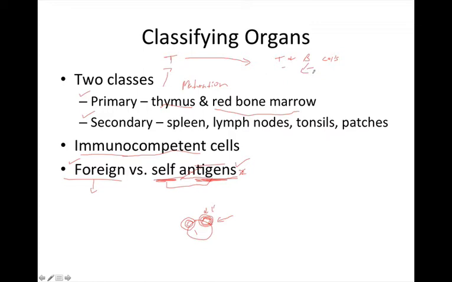That's actually not true, because when this was first being studied, it was studied in birds, and birds have a little area, kind of like a little sac down by their rectum, called the bursa of Fabricius. Luckily for us, bursa also starts with the letter B. The bursa of Fabricius in a lot of birds is where B cells undergo this process of becoming immunocompetent. And it's just coincidental that bone marrow starts with a B and bursa starts with a B, so we just call them B cells.